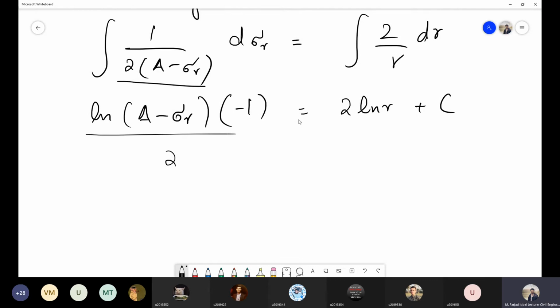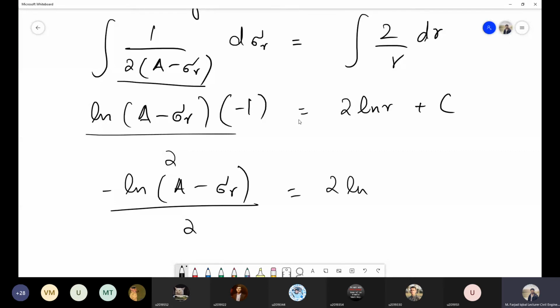Now, if I further simplify this equation, obviously there is a negative sign with this one. So we will have minus log natural of A minus sigma r divided by 2, and on the right side I have 2 log natural of r.